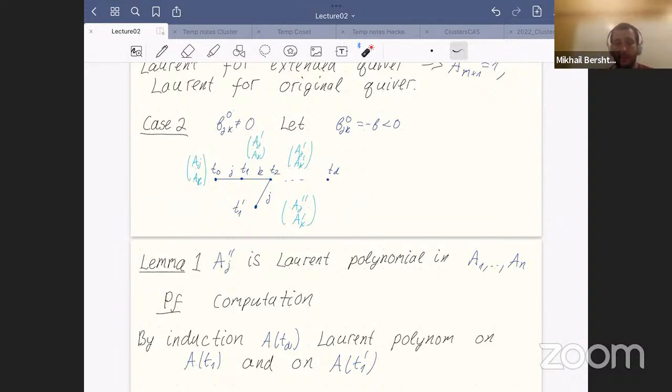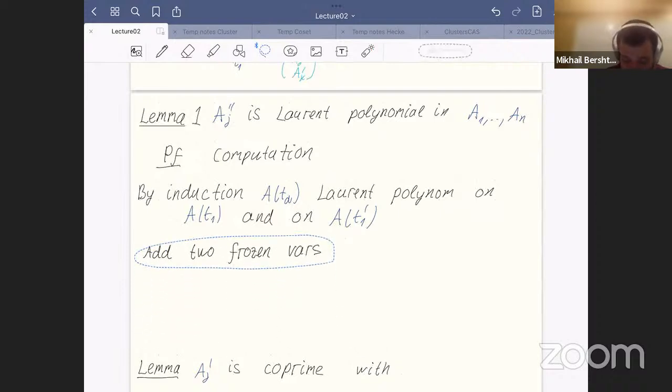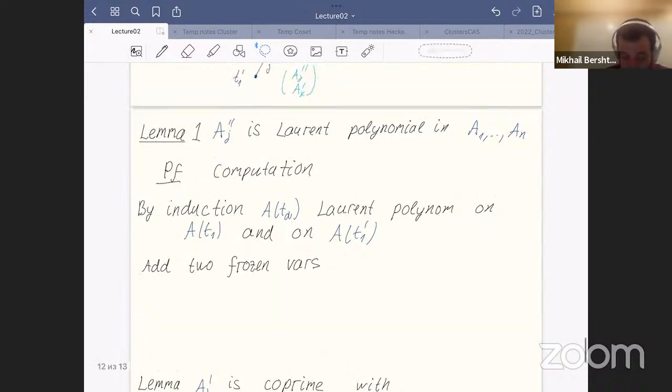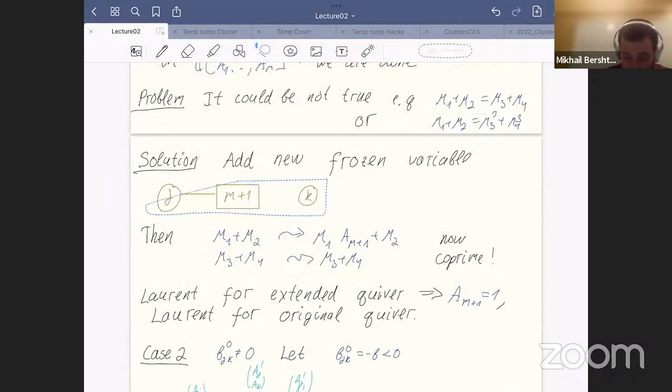But in principle, this could be false due to some coincidence and so on. And this is solved by adding frozen variables. So we had two frozen variables as before. So here we get one variable connected to J. Now it will not be sufficient.